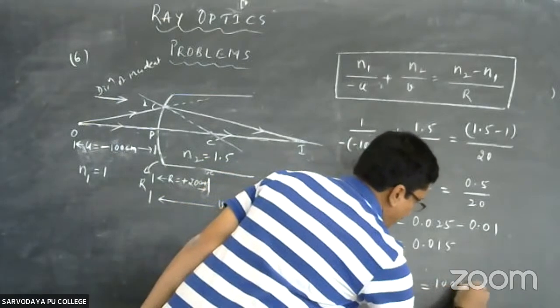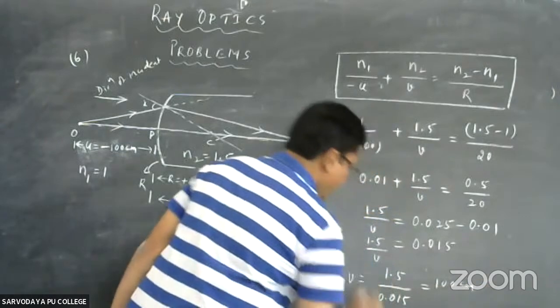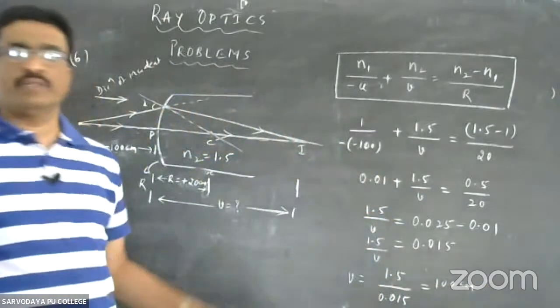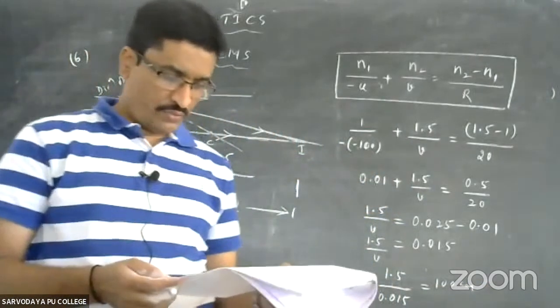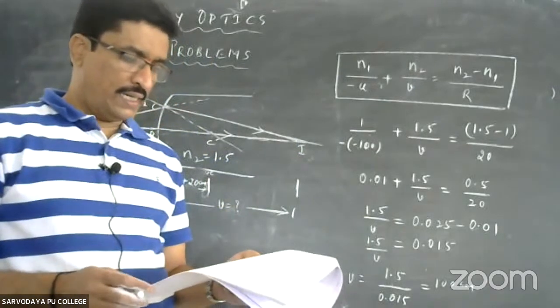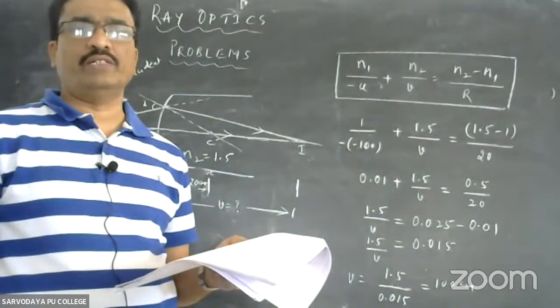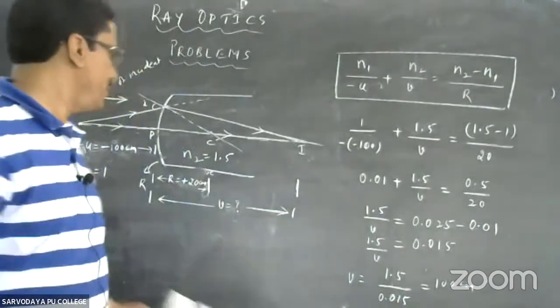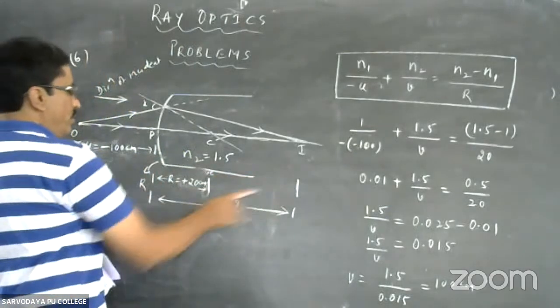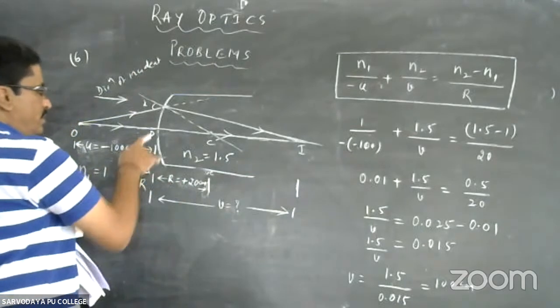This comes out to be 100 centimeter. That means the image is formed at 100 centimeter. The object distance is simply equal to the image distance with respect to this pole.